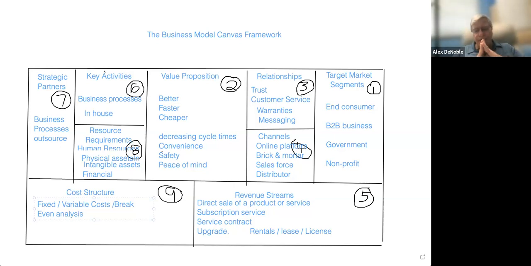So in other words, as you think about your resource requirements and decisions that you're making with respect to outsourcing and so forth, are there certain costs that are fixed?